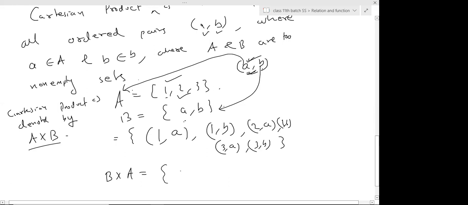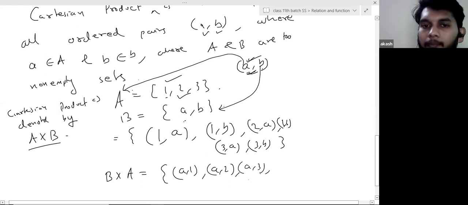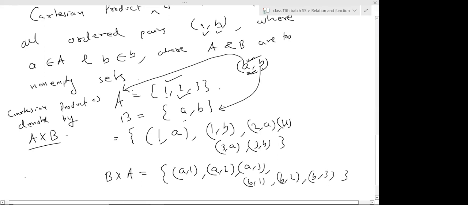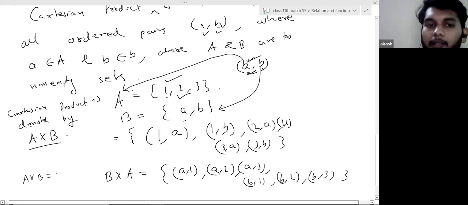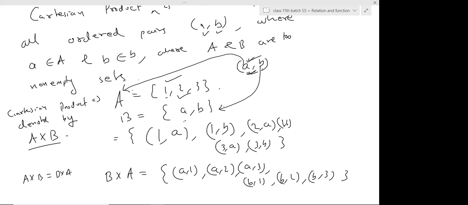So it will be (a, 1), (a, 2), (a, 3), (b, 1), (b, 2), and (b, 3). Absolutely. So can we write A cross B equals B cross A here, right? Yes or no, everyone?